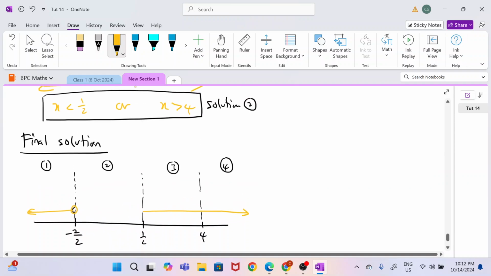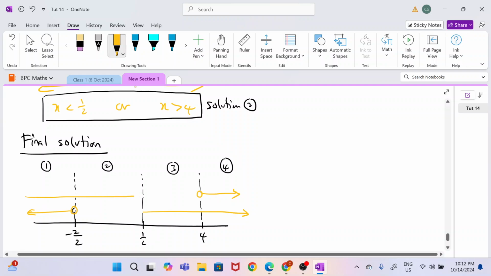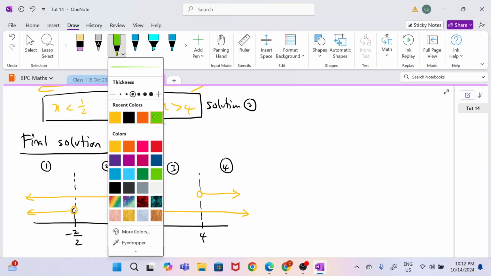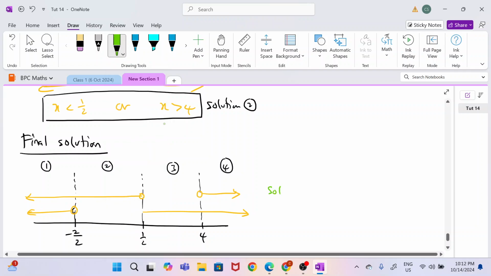The second solution is here. Remember that this is solution 2, solution 1.